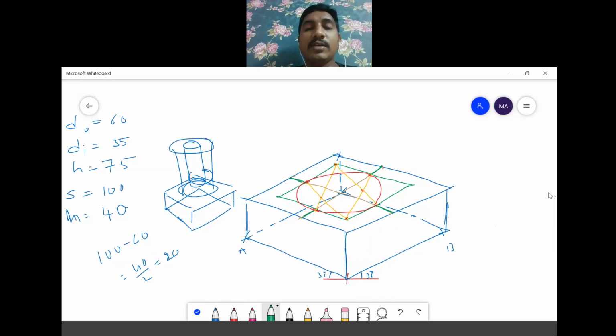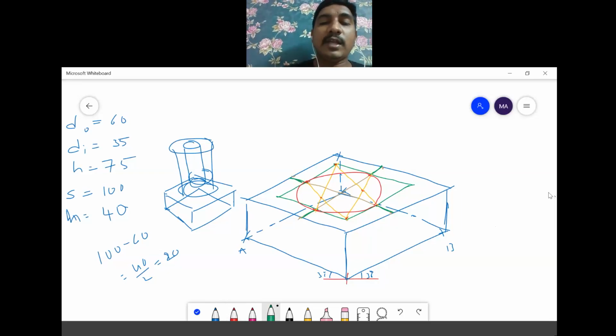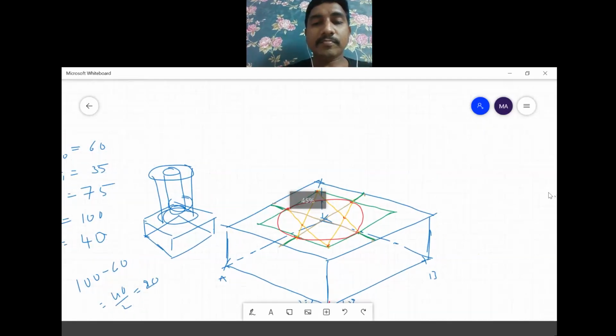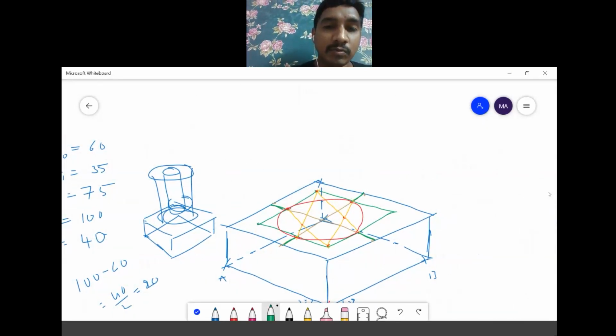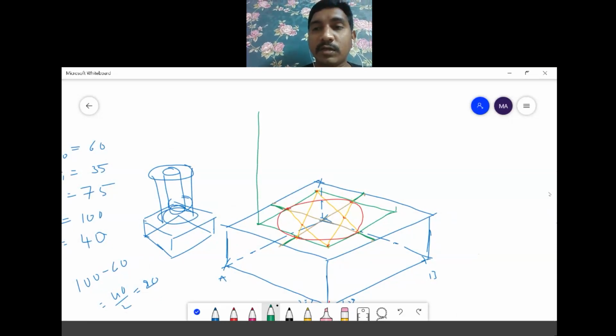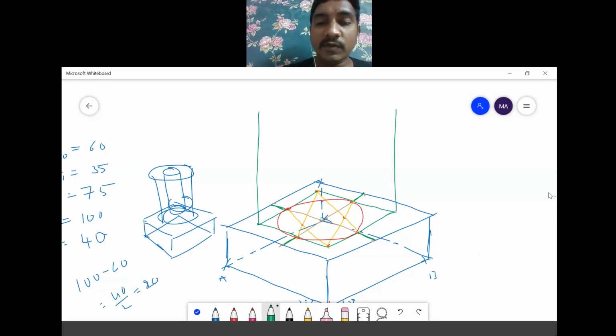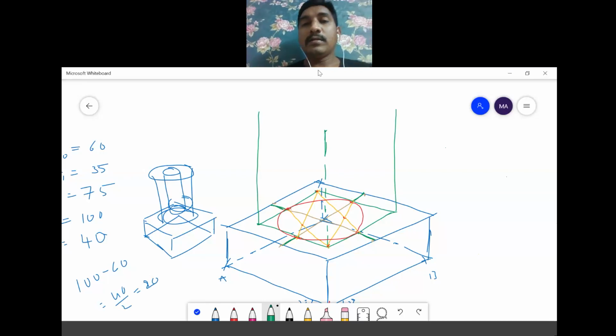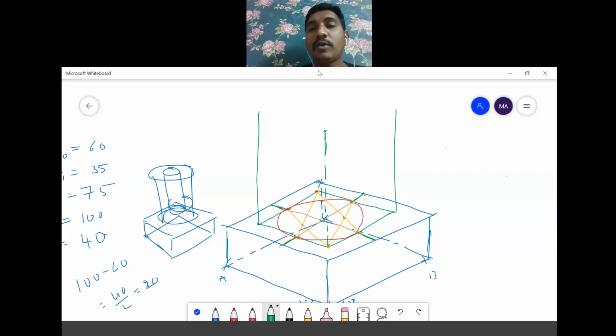Here he has given the height as how much? 75 mm. I am extending this one to 75, and this one to 75, marking the point here.